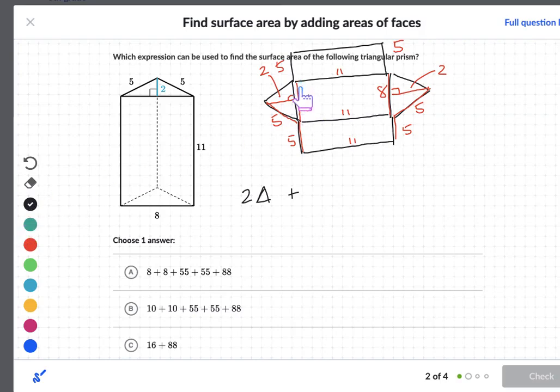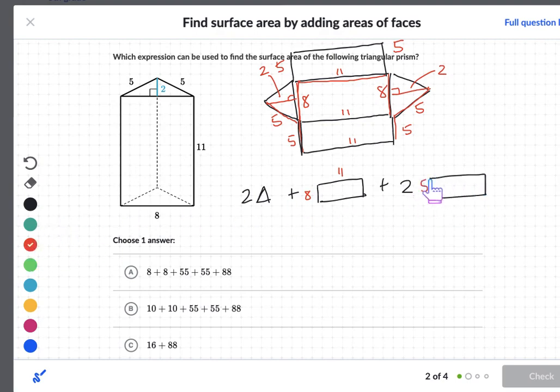It looks like we have an 8 by 11 one. This middle one right here has 8 for one dimension and 11 for the other. But it looks like these other two might be matching: 5 by 11, and this one's also 5 by 11. So it looks like 2 matching rectangles.